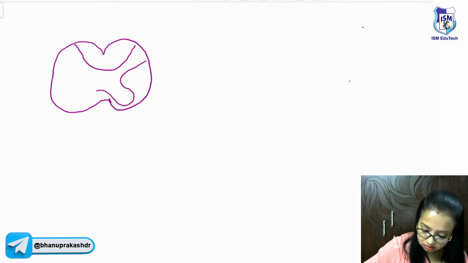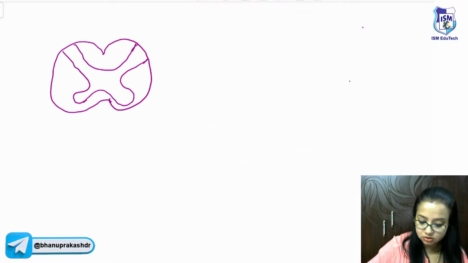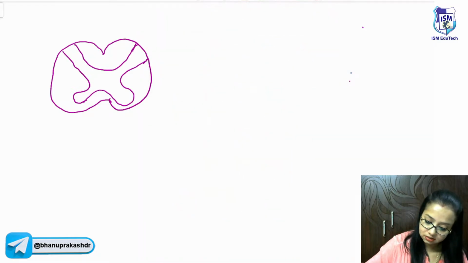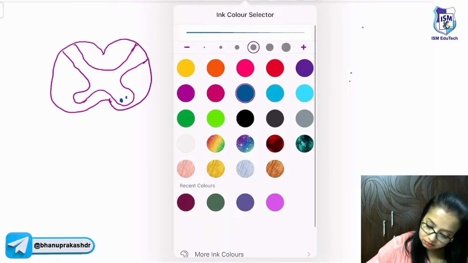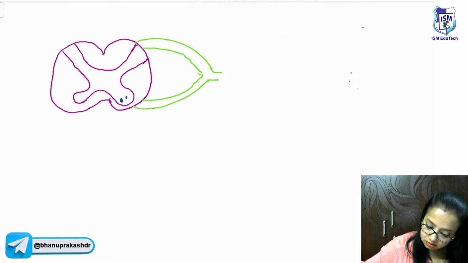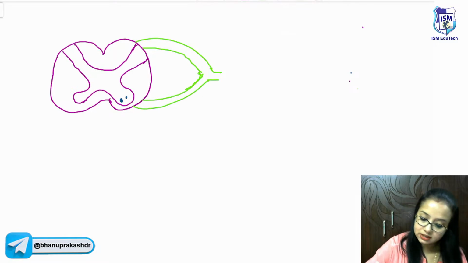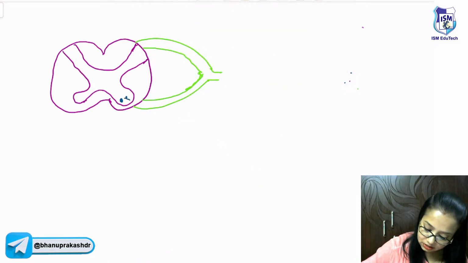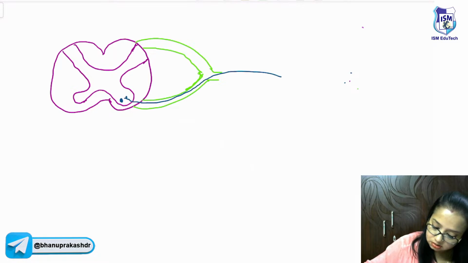This is our ventral horn cell, the dorsal and the ventral. So here, if we draw the spinal motor neuron that is coming from the ventral horn cell, it will be like this.